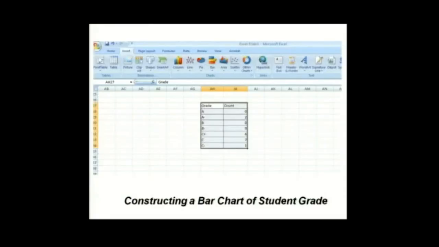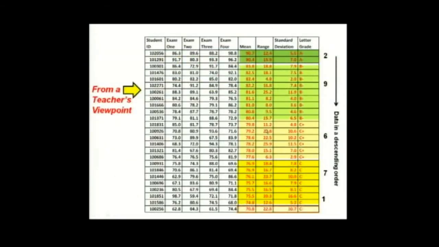When we go to Excel, we can develop a nice graph given the letter grades and the number of students that have obtained these grades. In the previous example, we have 2 students that made an A minus, 9 that made a B minus, 6 that made a C plus, 7 that made a C, and 1 that made a C minus.